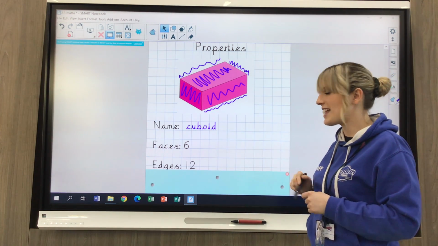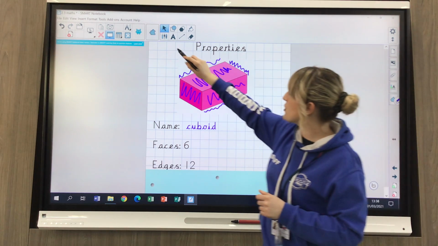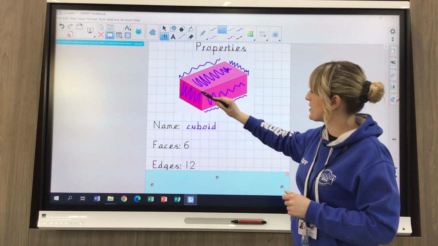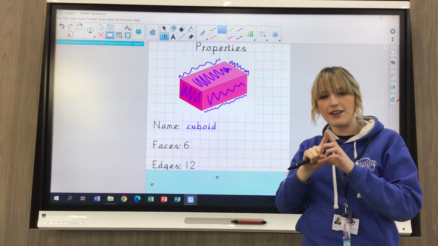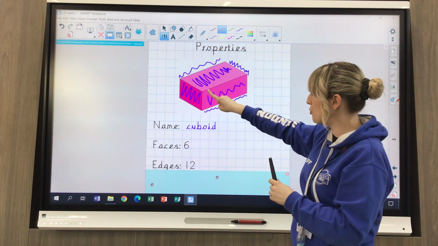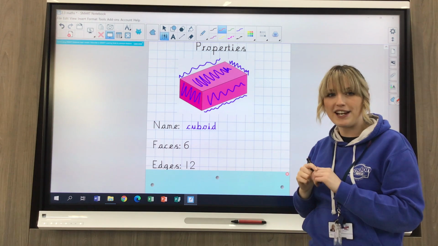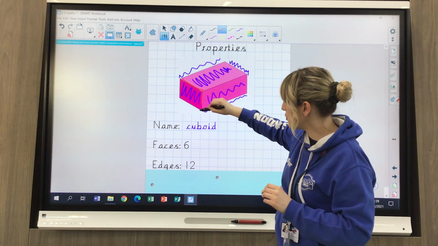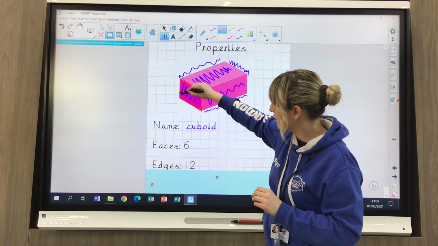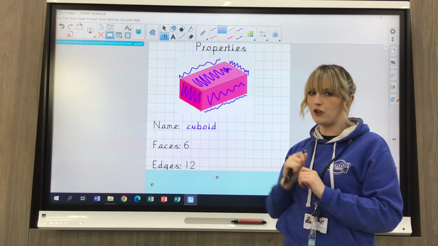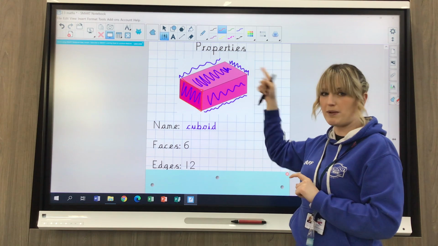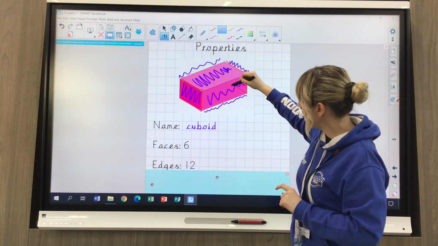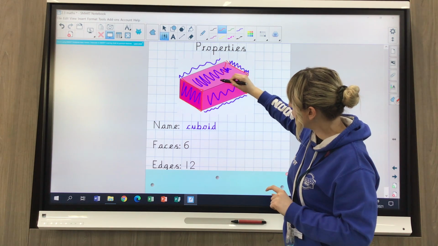Okay, edges then, it's got 12. So let's choose a different colour and let's draw on the edges. So remember, edges, if you had that shape in person, you can run your finger along. It's a bit like the sides. So we've got 1, 2, 3, 4. Now if there's 4 there, there's got to be 4 the other side. 1, 2, let's draw it in, 3, 4.